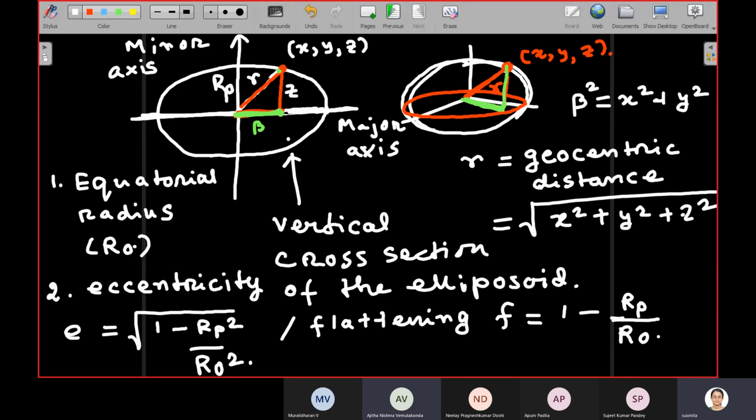Let's say this is z and this one is beta. So tell me the ellipse equation using the variables that I have shown on the left side.